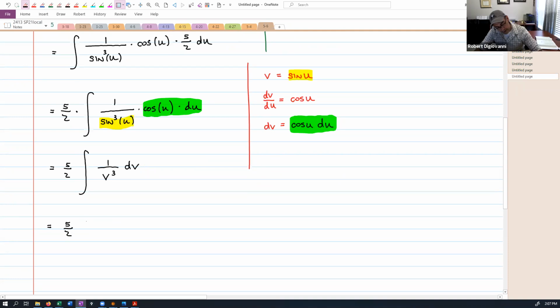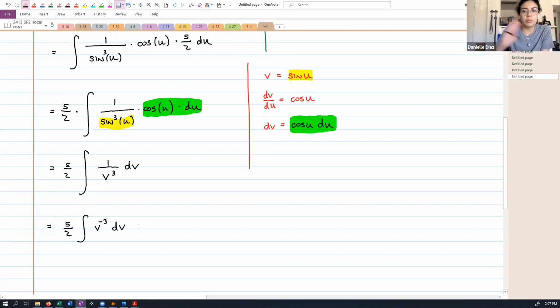This becomes 5/2 antiderivative. Now I'm very happy to see a variable to a power like that because I can bring it up as a negative power. And then I can use my power rule. The dv wouldn't be used as a power, right? Because it's not to the 1. We're just doing it on the v.